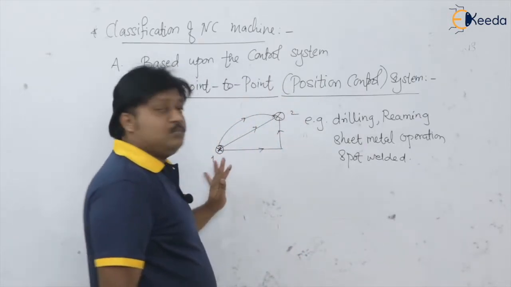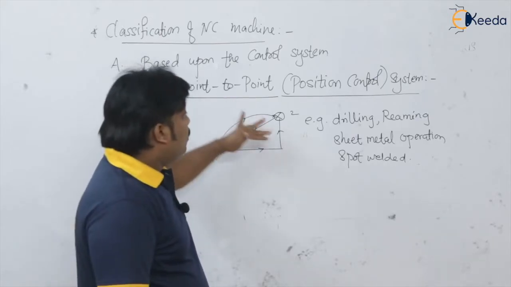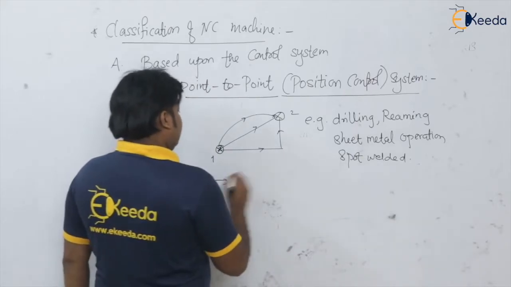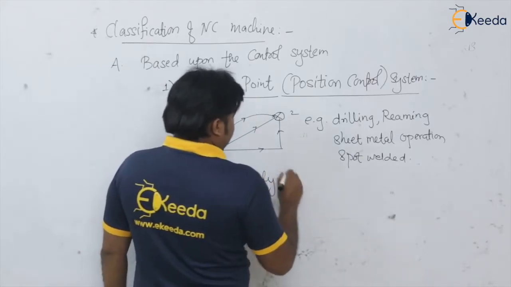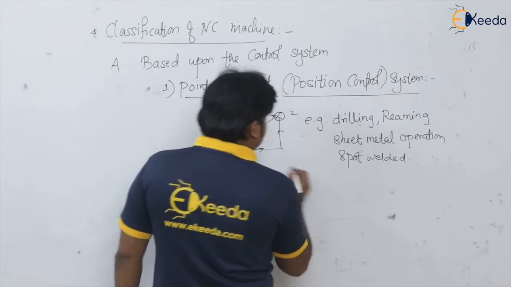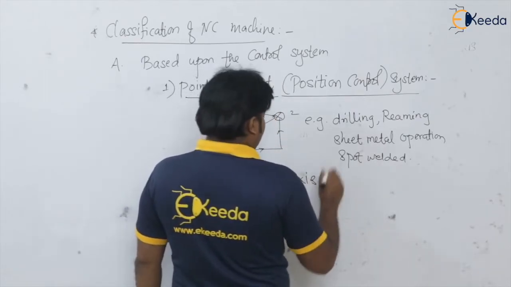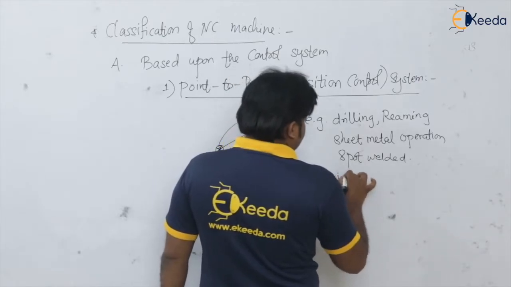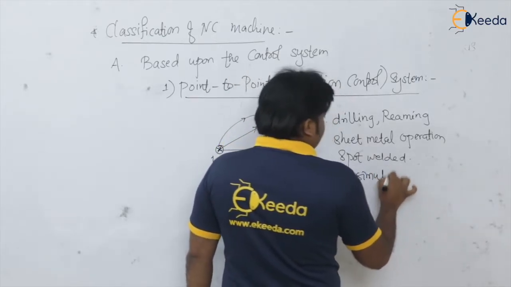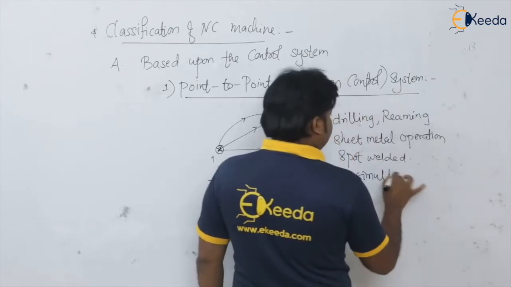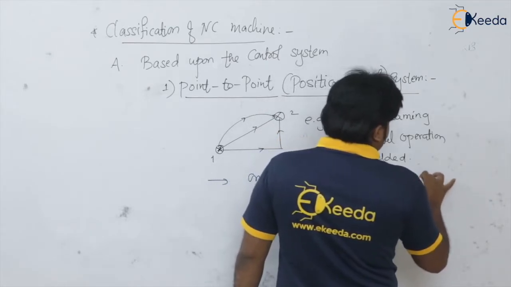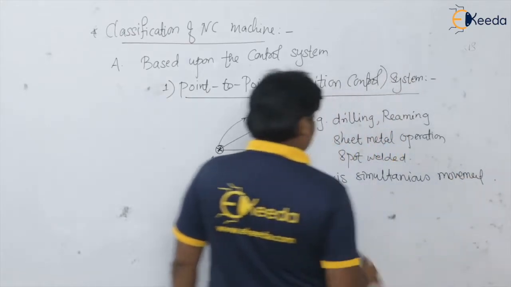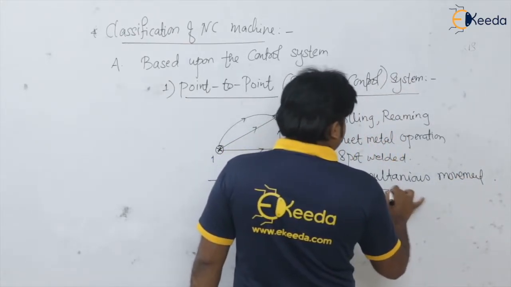This is known as point to point or position control system, where only one axis simultaneous movement is enough. Only one axis movement is possible at a time.